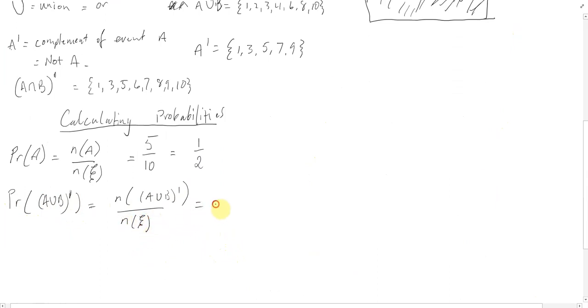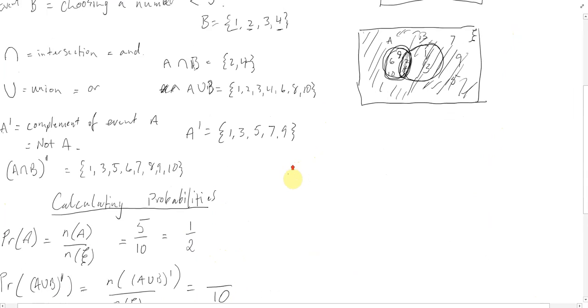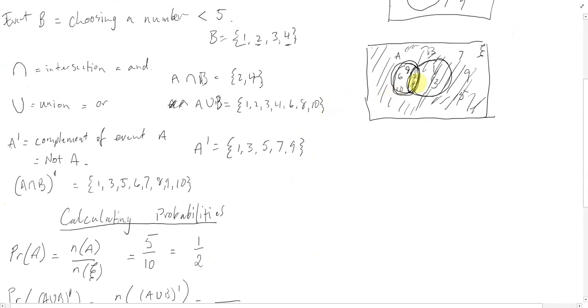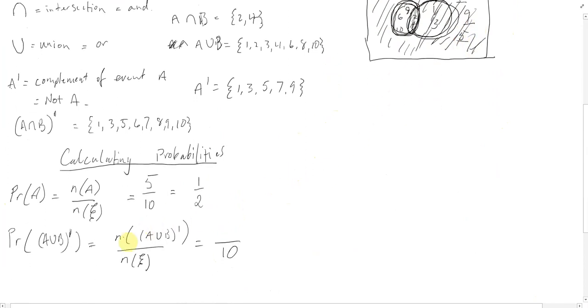So obviously the denominator must be 10 possibilities. So we need to look for how many things are not in A union B. Let's remind ourselves, A or B is this whole thing here. So it's just 7, 9, and 5 that are not in there. So there's three elements that are not in it. So our probability is 3 over 10.